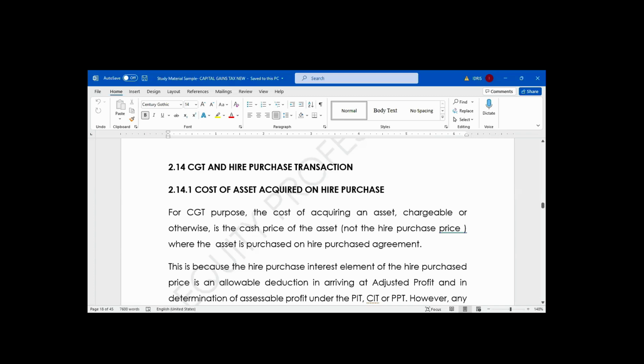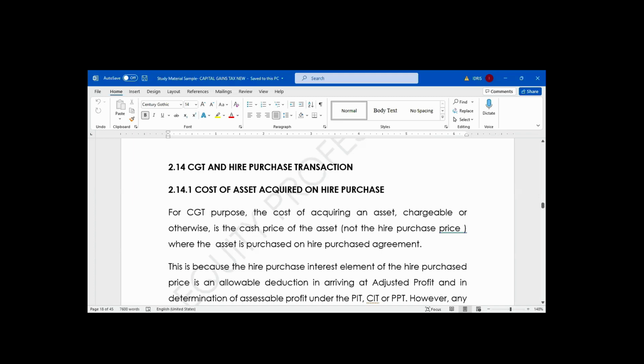So when the cost of an asset includes interest elements, you are going to remove that interest element. It is only the cash element you recognize as part of cost of acquisition that you are going to deduct from your sales proceed.